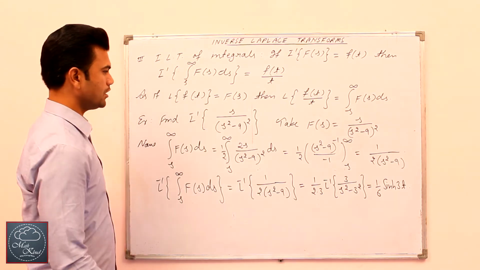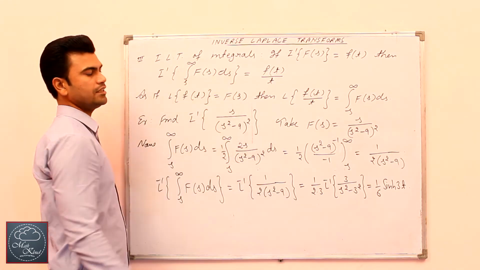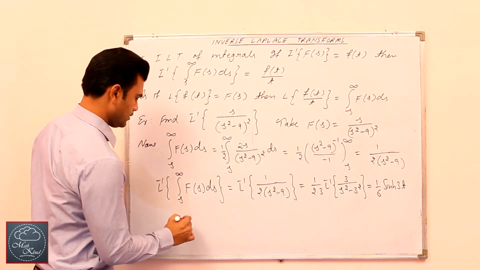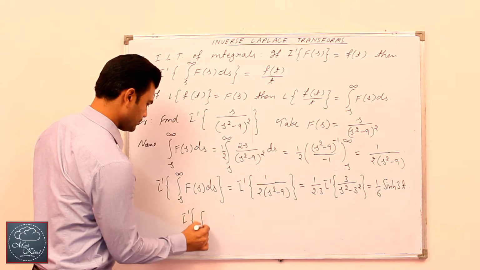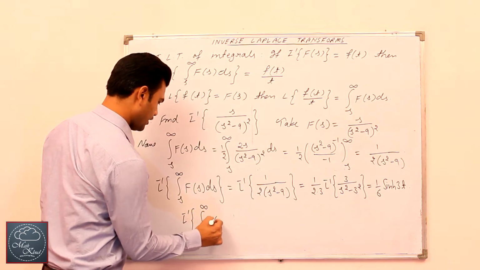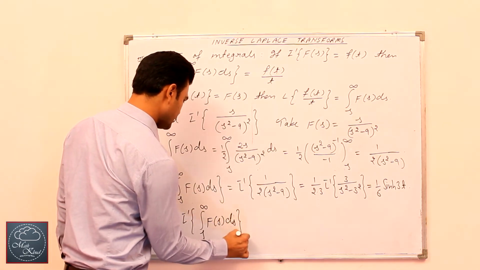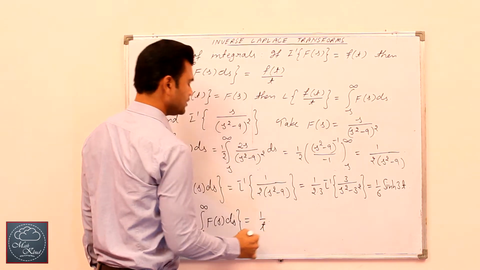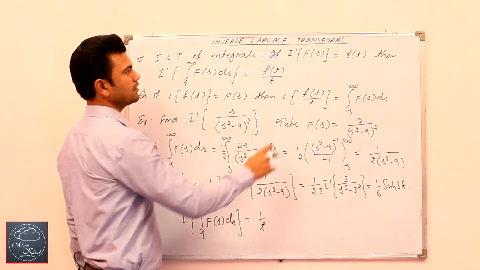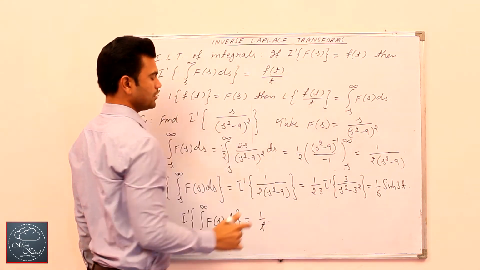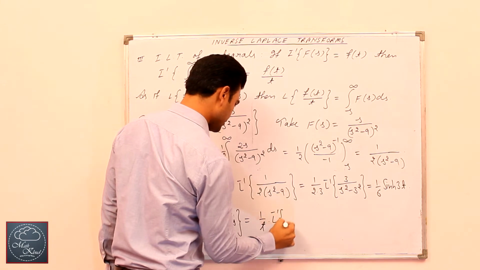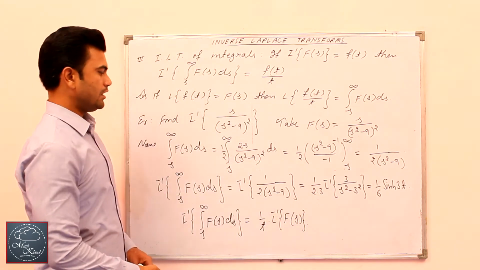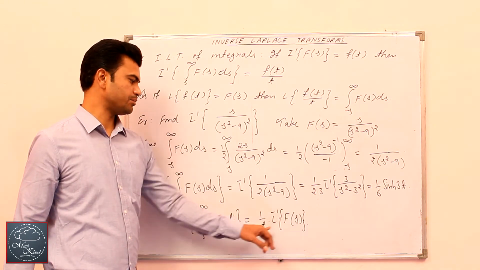So now let us use this property here. The Laplace inverse of the integral from s to infinity of f of s ds is given by 1 over t f of t, and f of t is the inverse Laplace transform of f of s. Now let us substitute our expressions here.